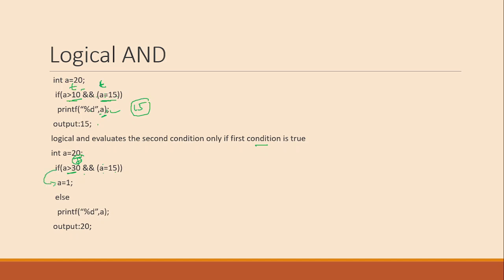It will come here. Since the condition is false, it will come to this printf. Now a will be taking a value of 20 because the initial value of a is 20 here.